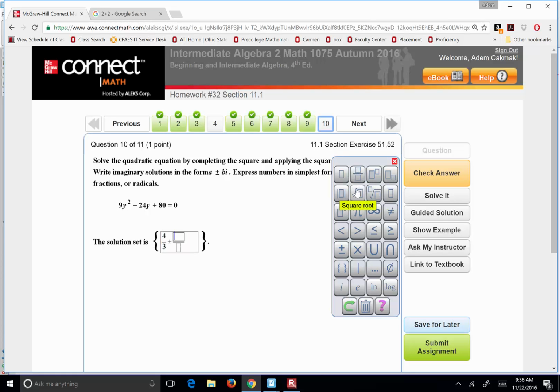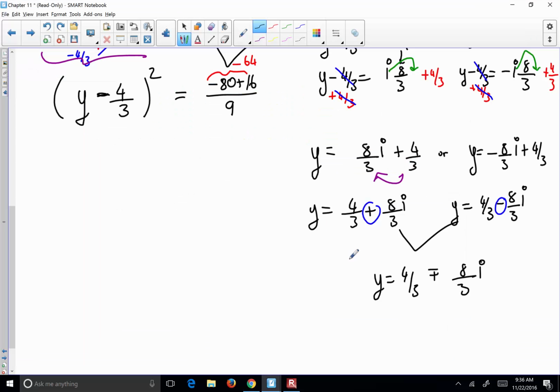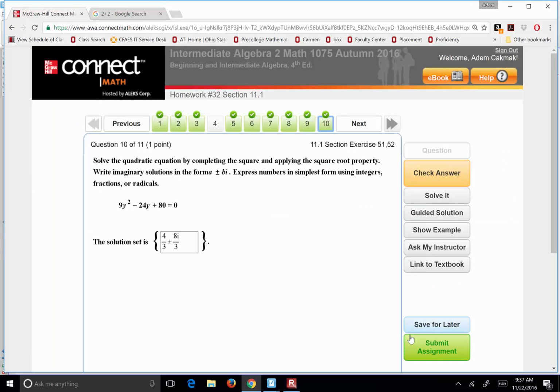And you can even insert that i to the top, 8i, instead of a separate i on the end. Or you can combine these denominators as well. What I mean is, since they have the same denominator, you can write your answer like this. Okay, you can combine the denominators.